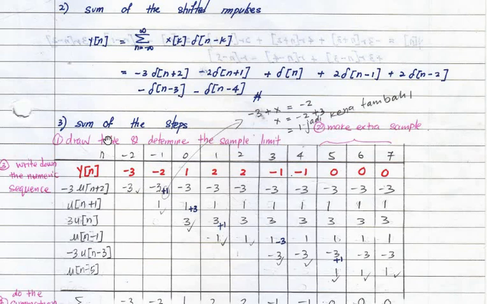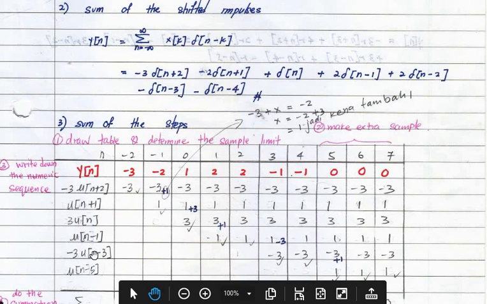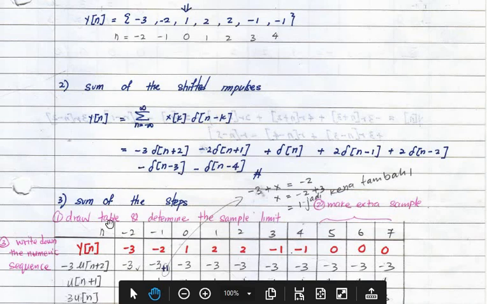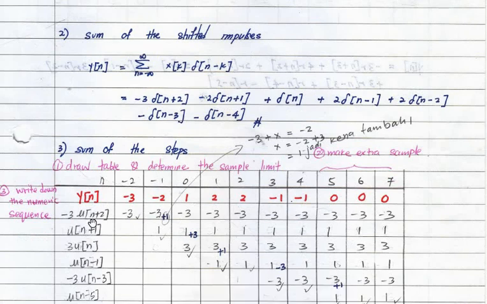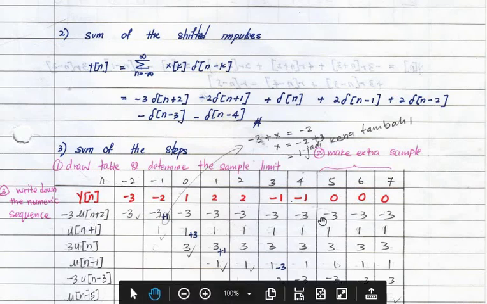What sum of the step means is that all the results must come from the summation of unit steps. The value we need is negative 3, so negative 3 unit step n plus 2. As I told you just now, n plus 2 means it starts from negative 2 to infinity, and the value remains negative 3. You fill in all negative 3.